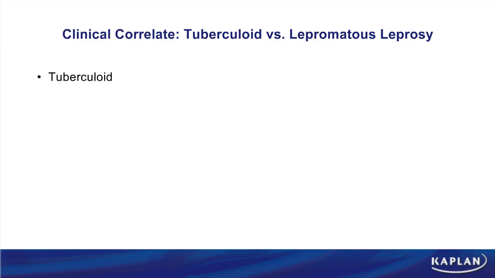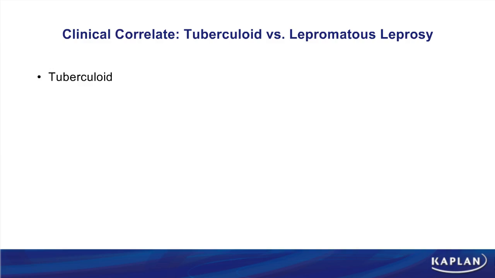Rather than knowing all of the different presentations of leprosy, you really need to focus on the two ends of the spectrum, where we have tuberculoid versus lepromatous leprosy, and obviously with tuberculoid being the more benign of the two.